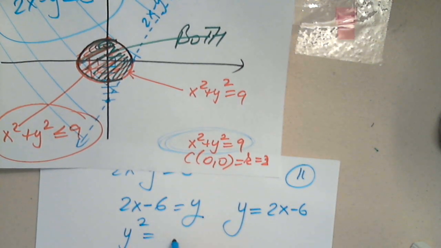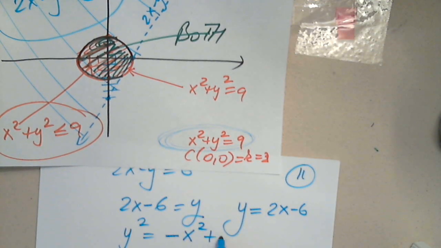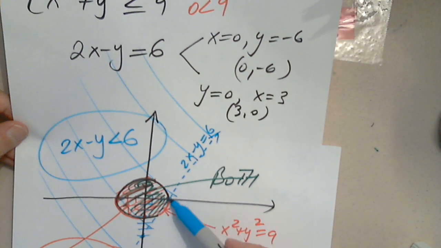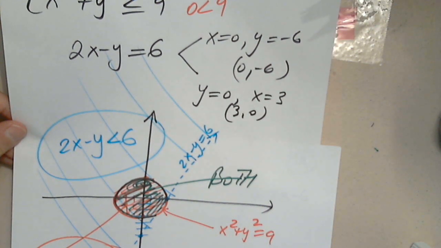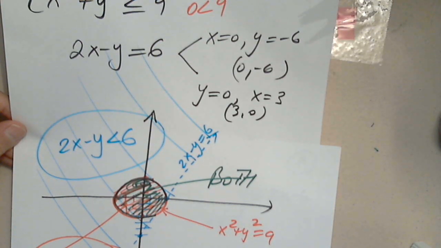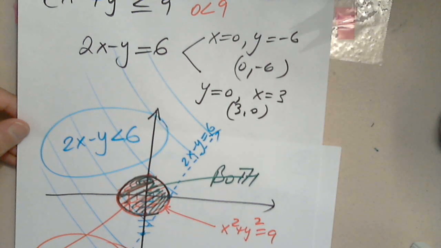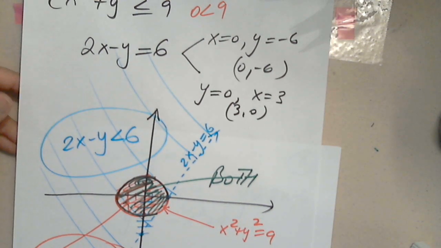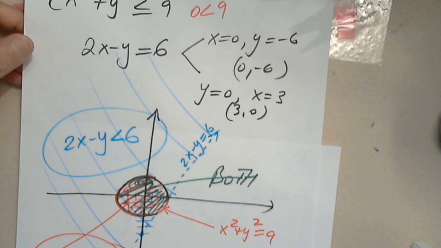squared. Negative x squared plus 9. We know that the circle is or is not a function. Is the circle a function or not? Yes.